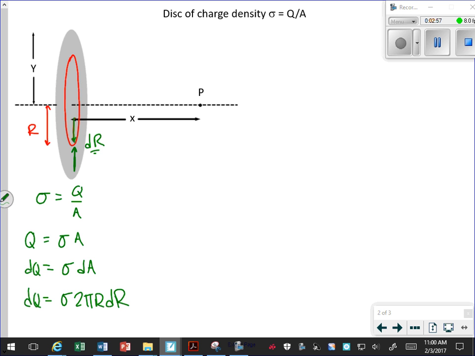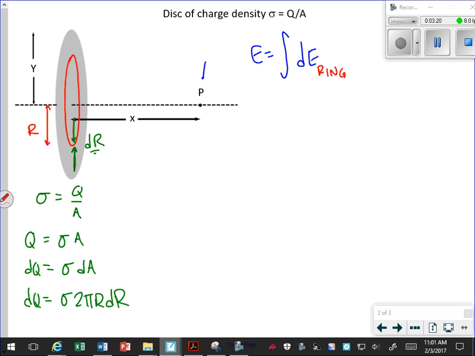Okay? So when we set up our integral for E at this point P along the x-axis, we're going to add up all the elemental units of field made by each ring. And when I say add up, I mean integrate.